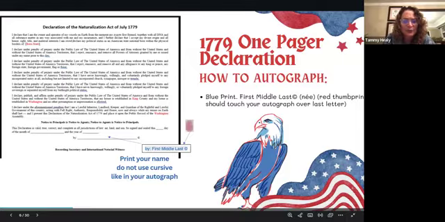And you're still going to put that thumbprint over the last letter of your last name and over the copyright symbol. You do this with blue ink, by the way, and the reason they say blue ink is because you're coming out of the sea, and the red thumbprint is basically the land jurisdiction and, you know, your blood, right?